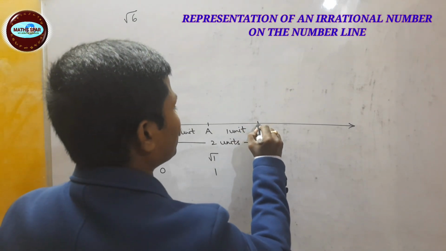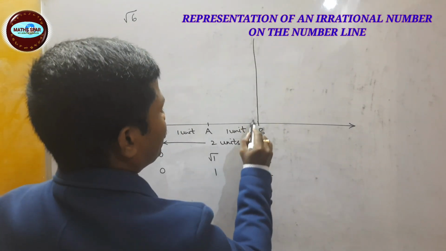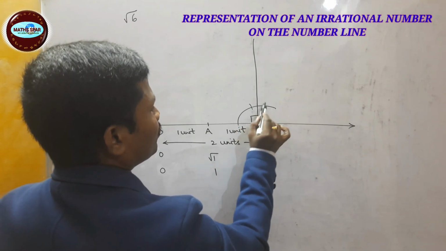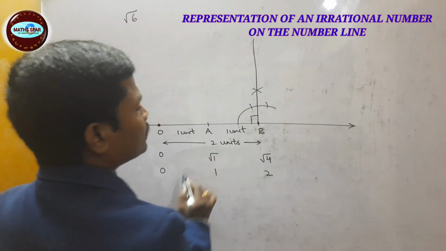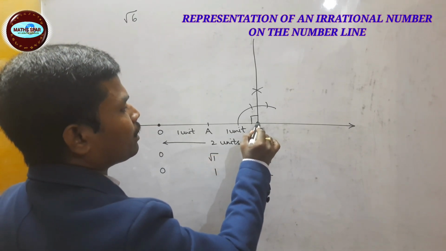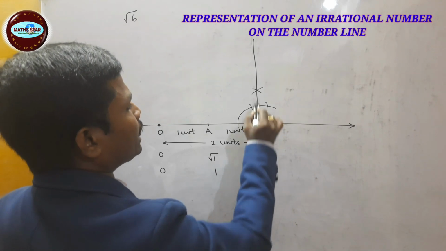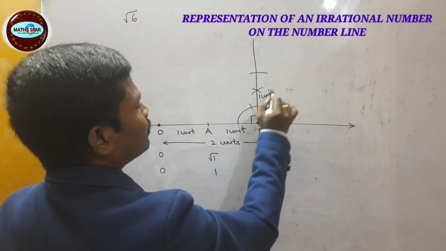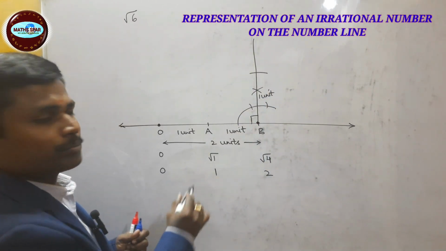Then let us draw a perpendicular at B with the help of a compass. Then with B as center, let us take 1 unit measure and cut an arc on the perpendicular.